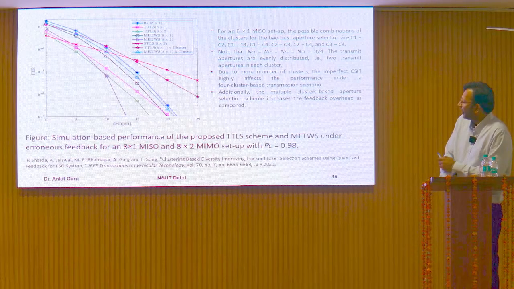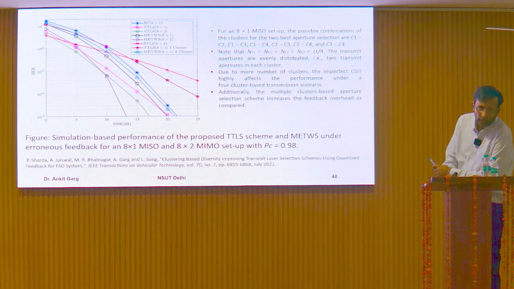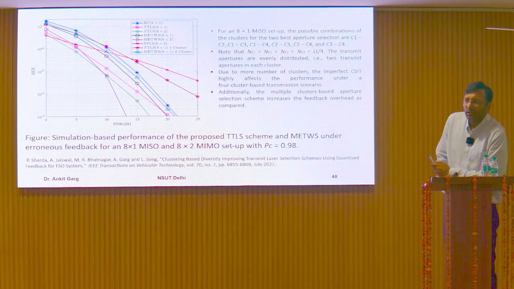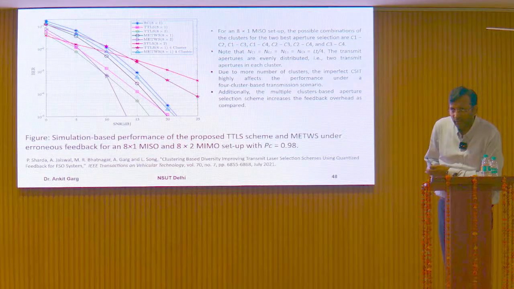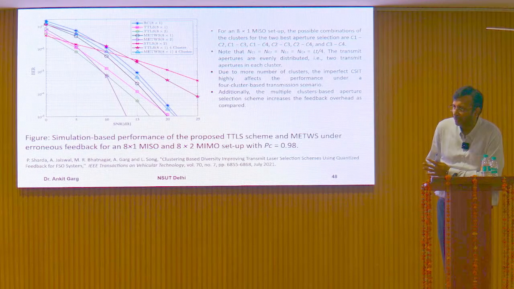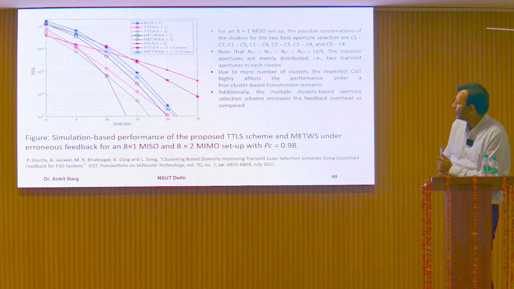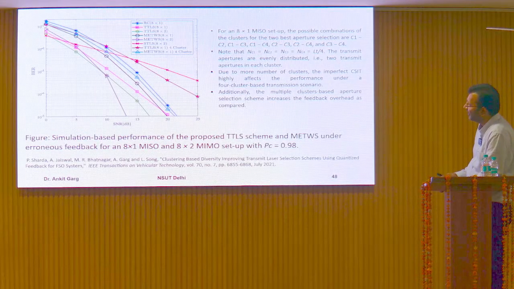So the diversity order is the same for RC 8 cross 1 and TTLS 8 cross 1. How much? For TTLS 8 cross 1 the diversity order would be 8, and for RC 8 cross 1 again 8. You can easily observe the slope of these two lines, right? The slope is the same, both are parallel to each other. That's why we can easily say that the diversity order is the same.